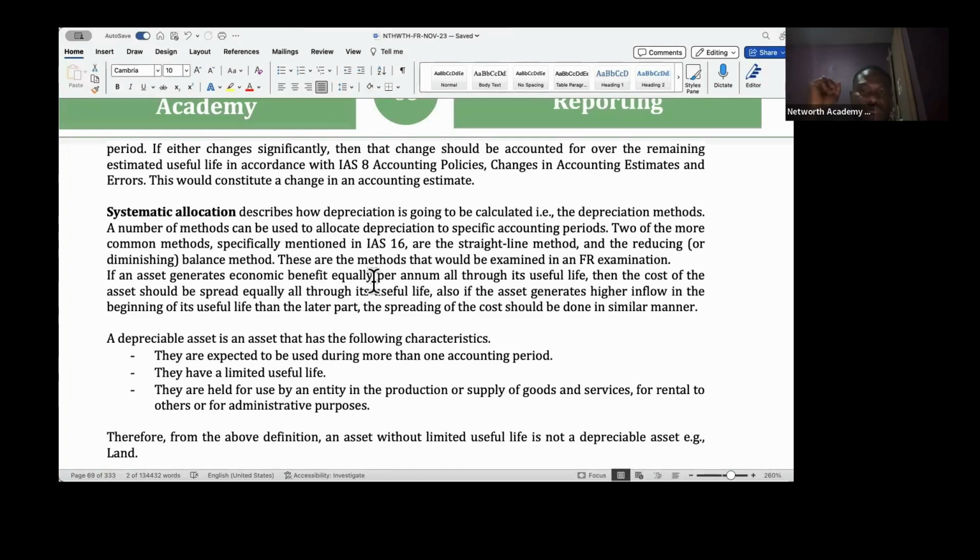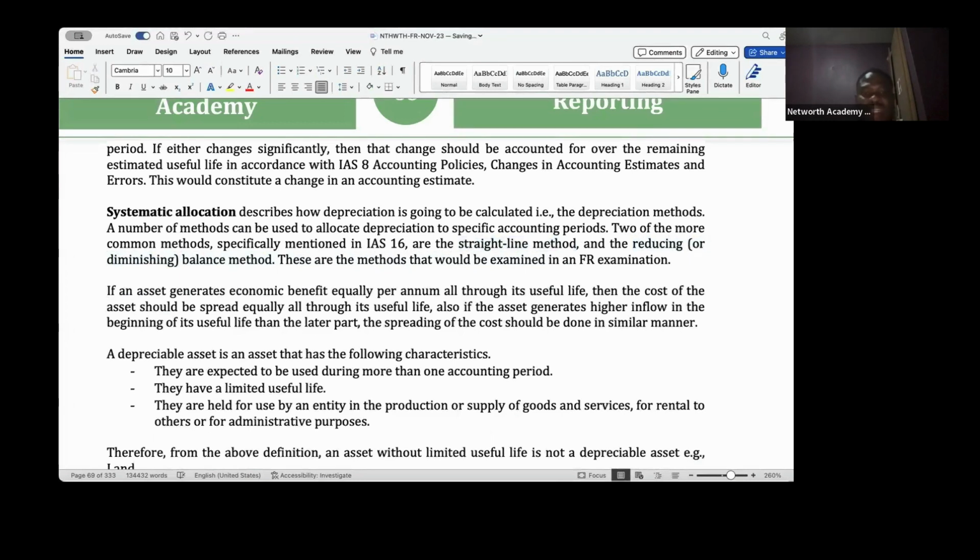In this class, I only mentioned two because that's what the standard mentioned. The standard mentioned straight line method and reducing balance method or diminishing method. And those are the methods that will be tested in an FR exam.